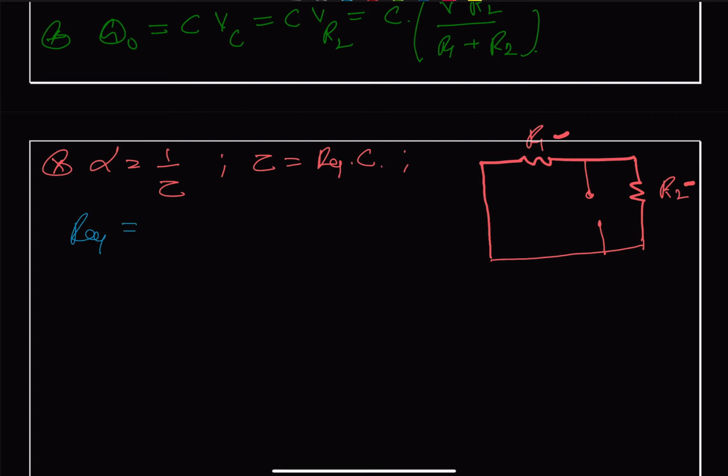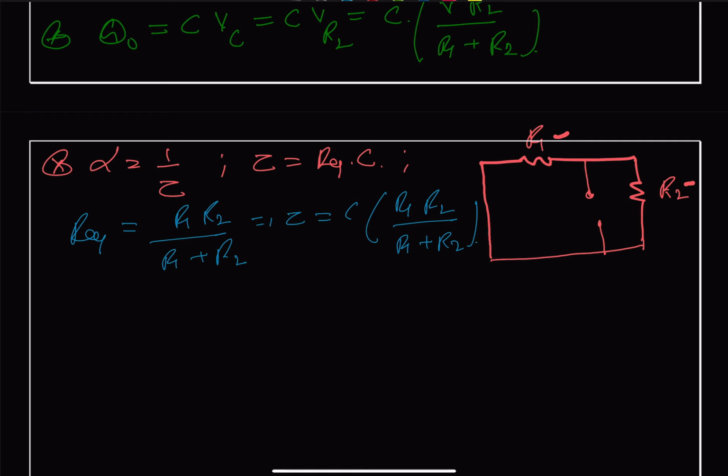So R equivalent will be equal to R1 into R2 divided by R1 plus R2, which gives that the time constant will be equal to C times R1 R2 divided by R1 plus R2.